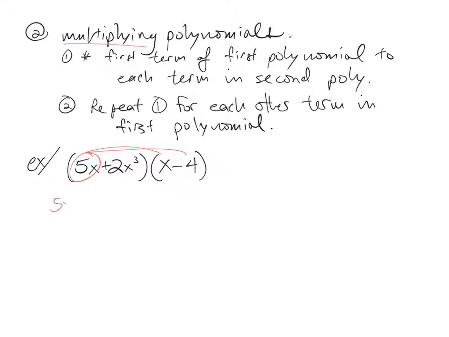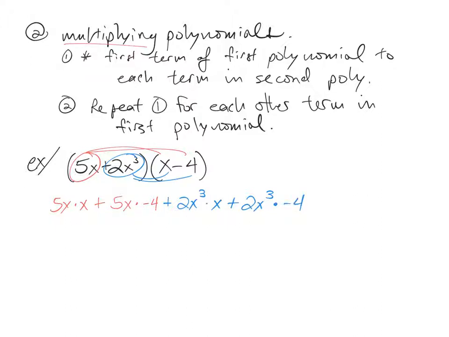We have 5x times x plus 5x times negative 4. And then we would take the second term of the first polynomial, plus 2x cubed times x plus 2x cubed times negative 4.